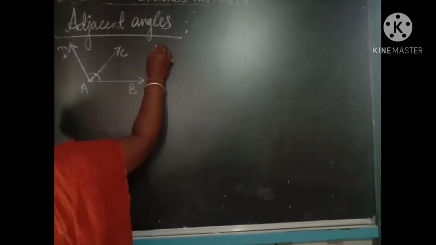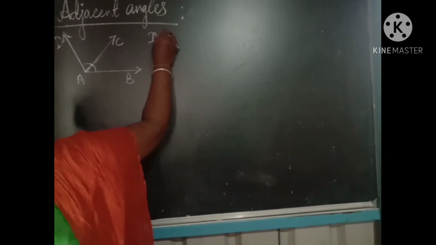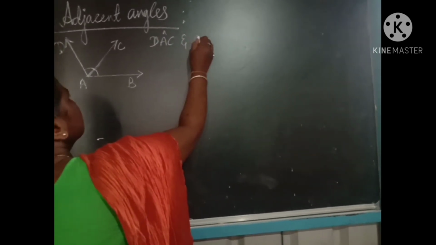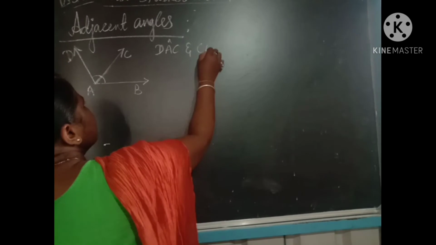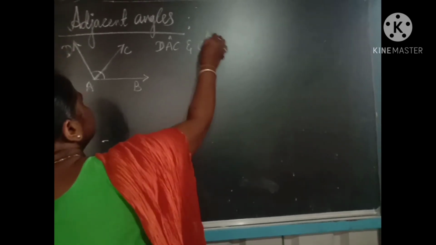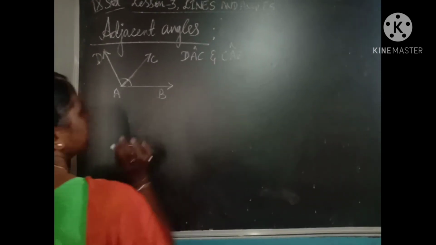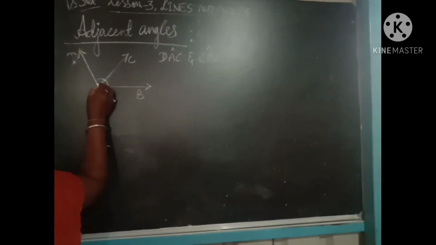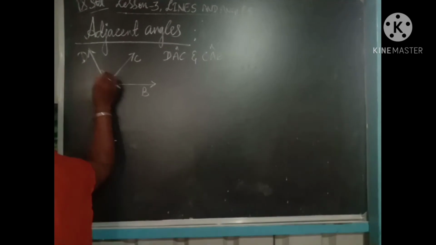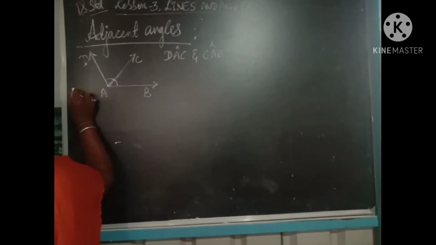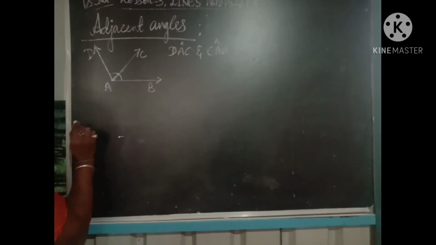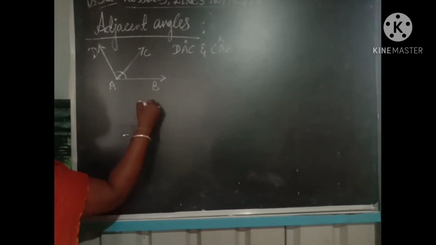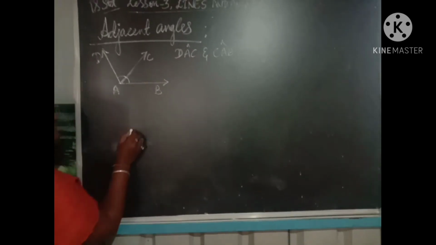Adjacent angles are DAC and CAB. These two are adjacent angles, and you can observe here, children, that the non-common arms are not forming a line. You must understand the difference, so just listen to what I explain next.